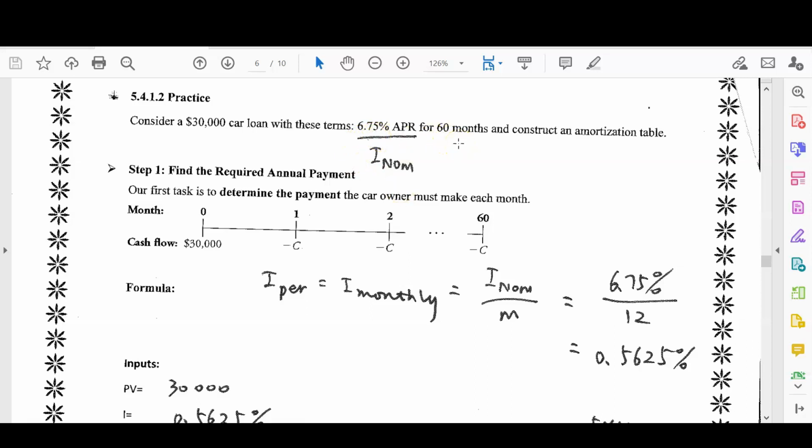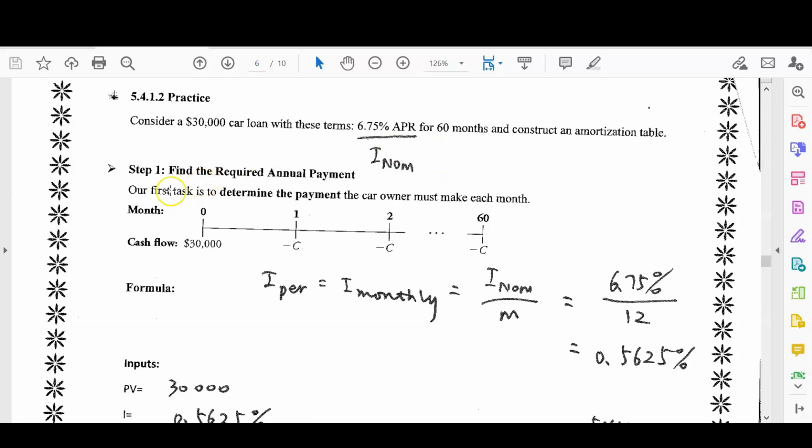However, we know that we're going to pay back the loan in 60 months. So it's going to be monthly payment, and we will need the monthly interest rate to do the calculations. So let's first use the step-by-step method and then use the calculator method.